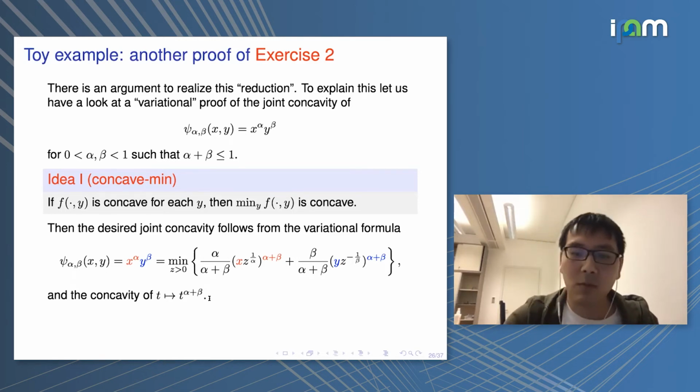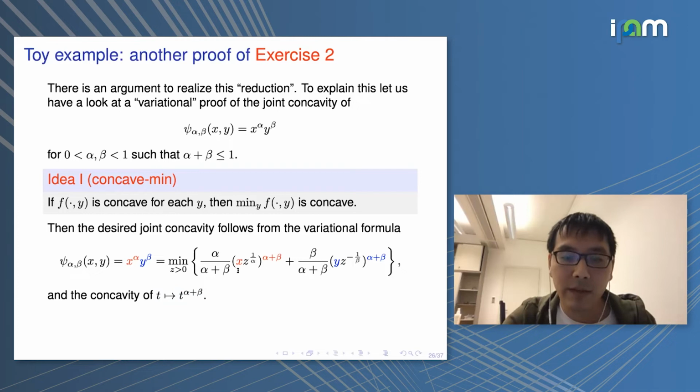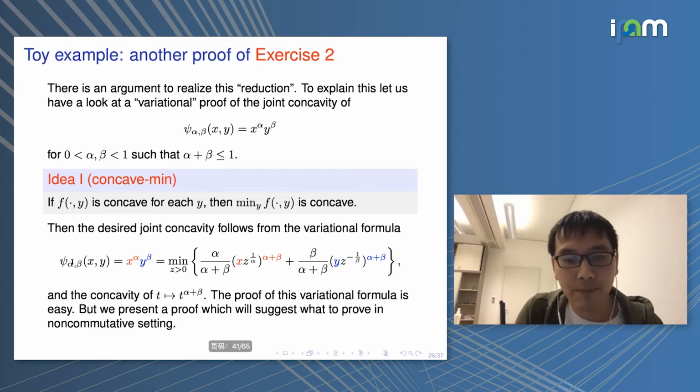Why is it so? Because from this one variable concavity result, this part is concave in X and this part is concave in Y. Therefore, their convex combination is jointly concave in X and Y. And after taking minimum, we know that the joint concavity is preserved. So this finishes the proof.